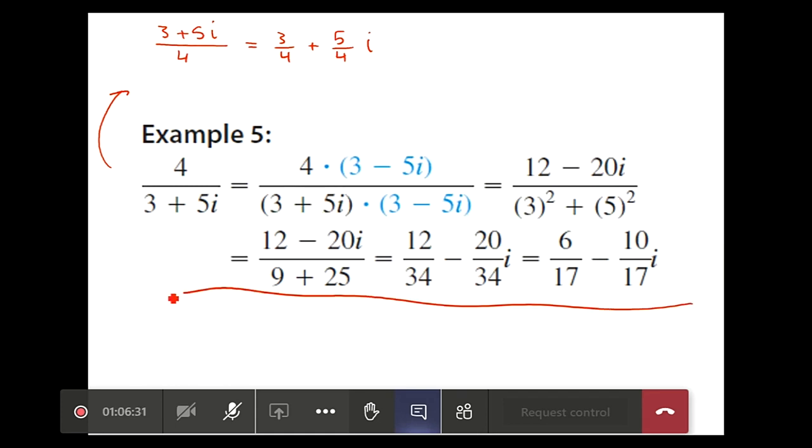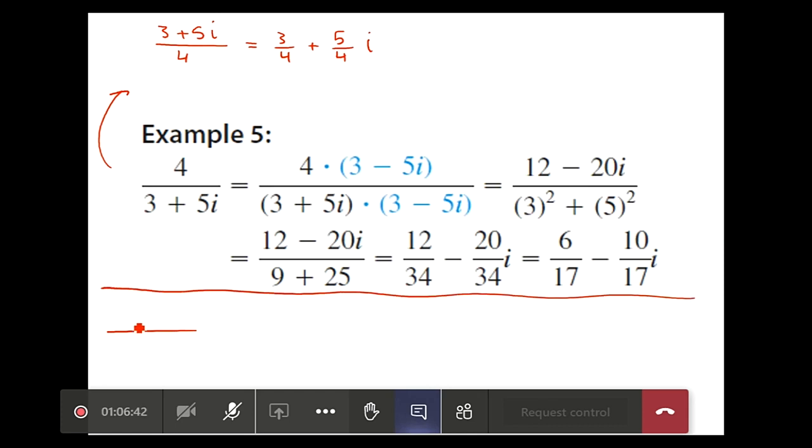We have, okay, عشان خطوة خطوة, another example, 5i over 2 minus 3i. Okay, now we need to multiply by the conjugate. What's the conjugate? The conjugate of the denominator, 2 plus 3i, and multiply the numerator with the same number, 2 plus 3i.